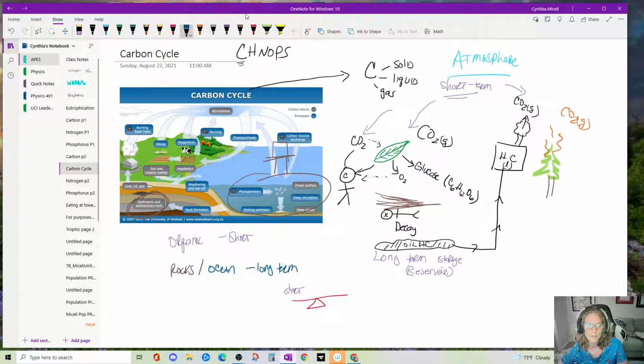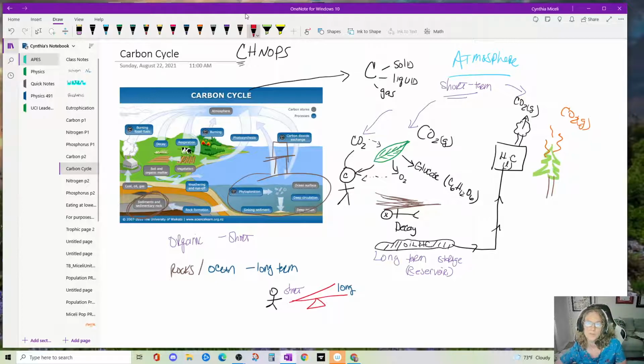The problem happens when we get involved. And when we get involved, we take it out of long-term and we tip the scale to a lot of short-term, and we're altering what the carbon cycle can handle and what it can do.